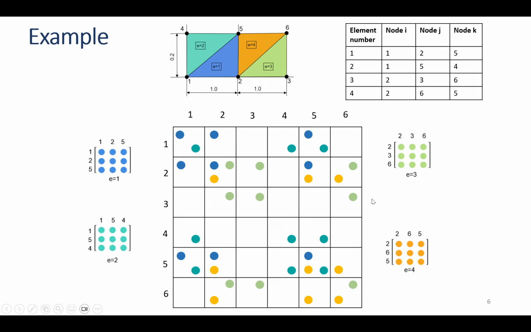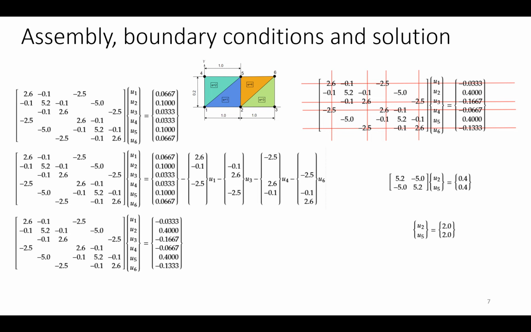Okay, so once we assemble the matrix, we follow the same method for applying the boundary conditions. That is, we multiply the column corresponding to the specified boundary condition and subtract it from the right hand side.